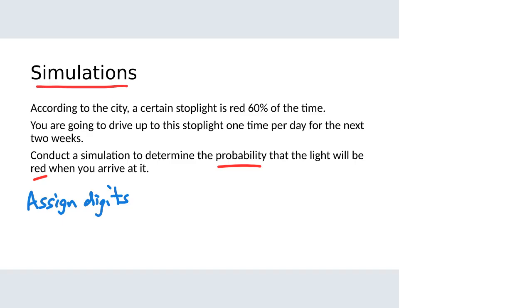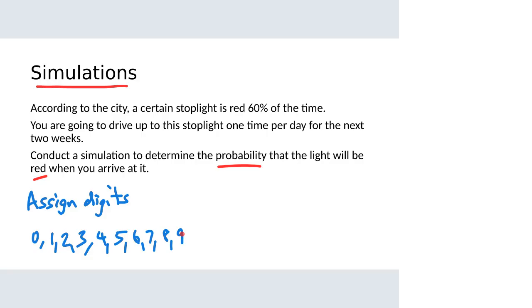What we have to do then is take the digits 0, 1, 2, 3, 4, 5, 6, 7, 8, and 9. Those are all the possible digits on our random number table. We have to assign those digits. That means when I come across a number in that table, what does it mean?